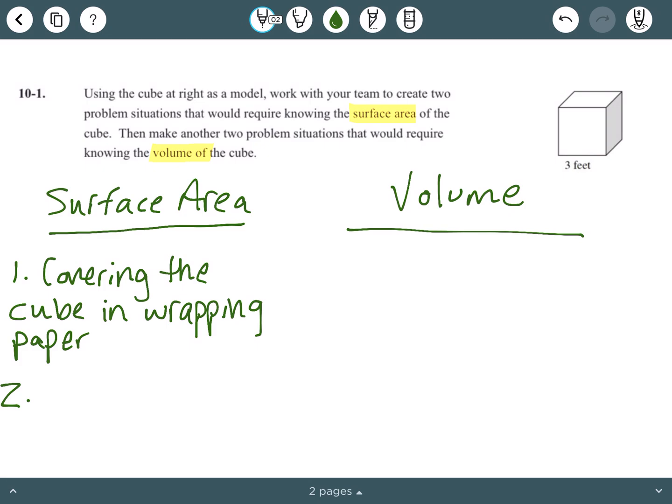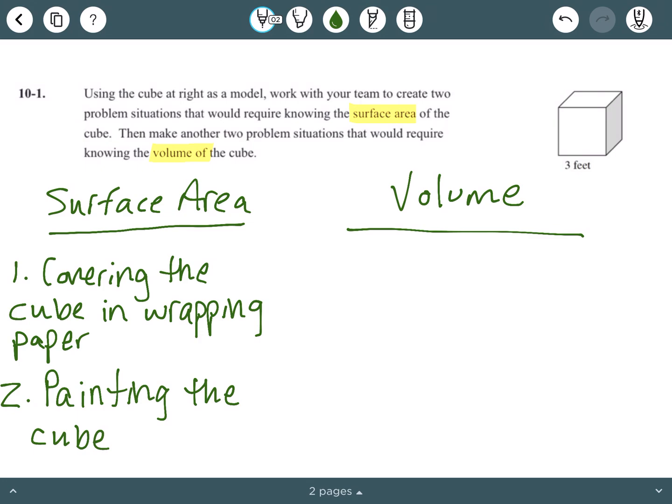So let's say we were going to paint the cube. For whatever reason, maybe it's part of an art project or some sort of project, we want to paint it. So we would need to know the surface area. So let's also say painting the cube. Because again, that would require us to go around the entire outside, all 6 surfaces of that cube.